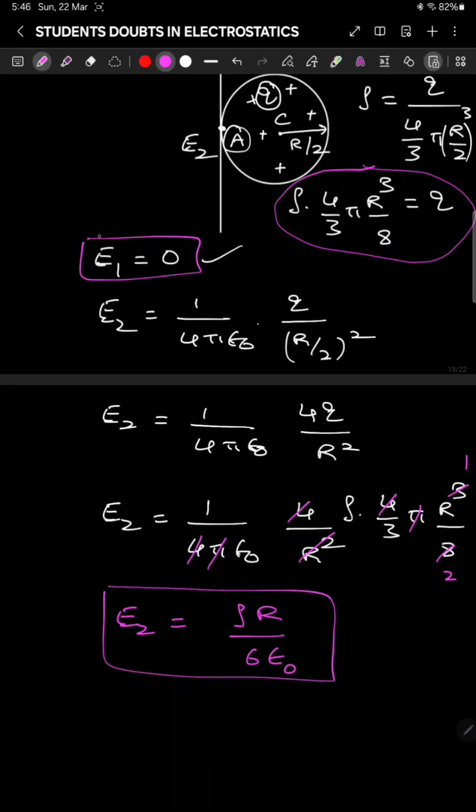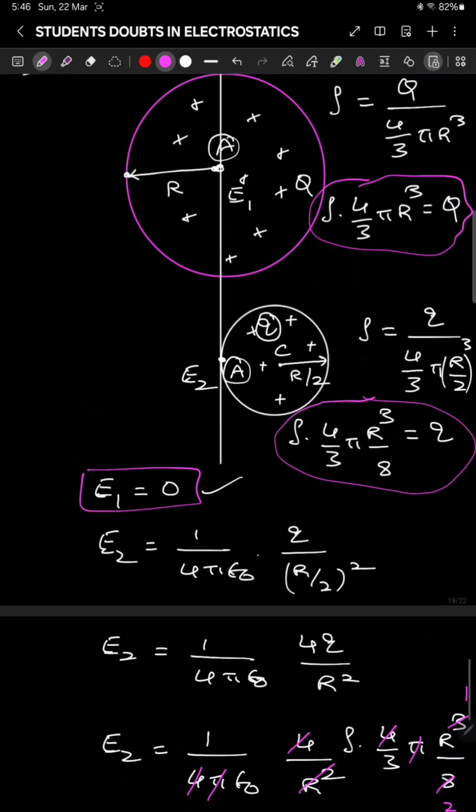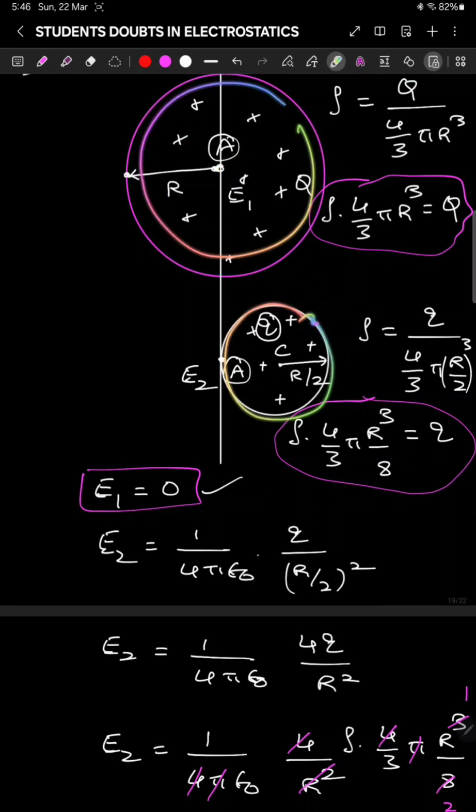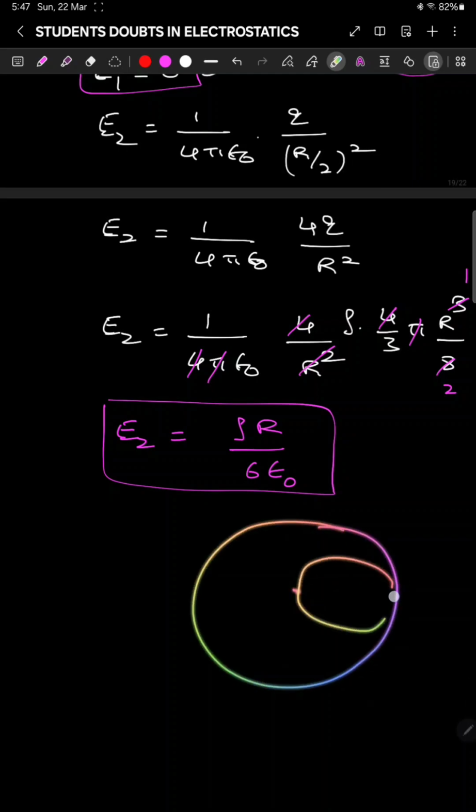This is E1. So once again, E1 is the electric field due to whole sphere. E2 is the electric field due to small sphere. From the whole sphere, if you remove this part, electric field E2, you will get electric field with cavity. Due to remaining charge, here electric field I want.